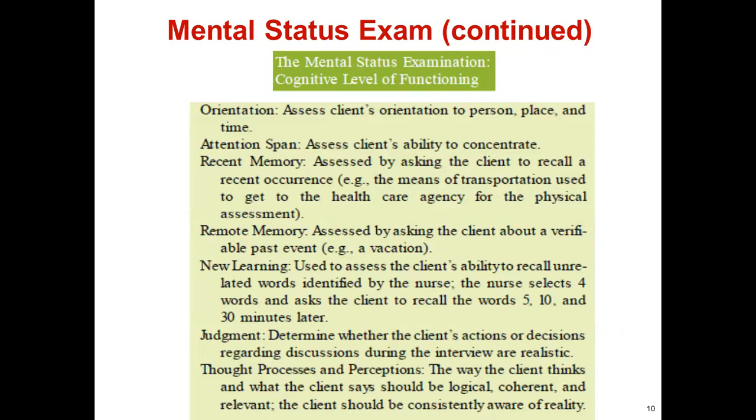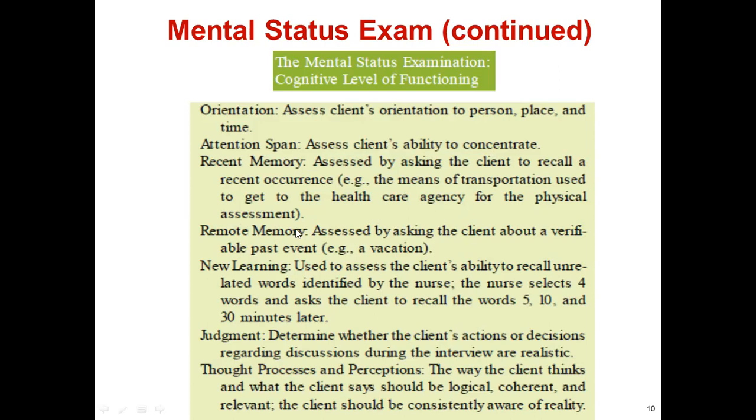What is your name? You ask the person where you are right now, or what date it is today. Attention span: assess the client's ability to concentrate, right? Usually it should be altered.